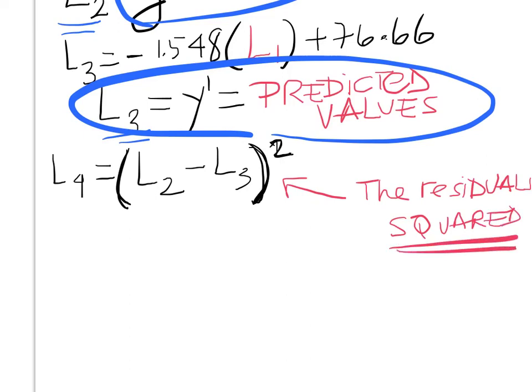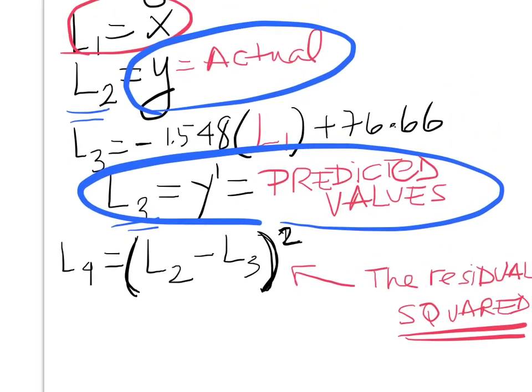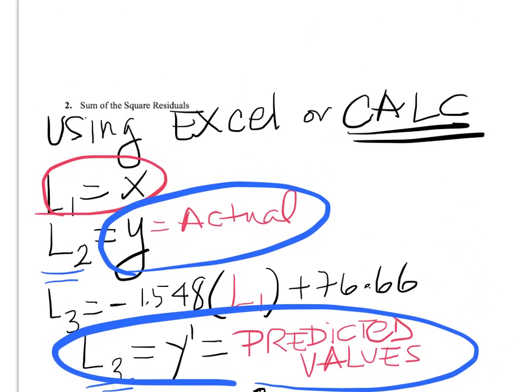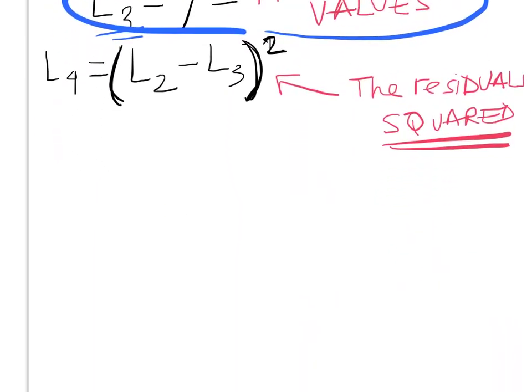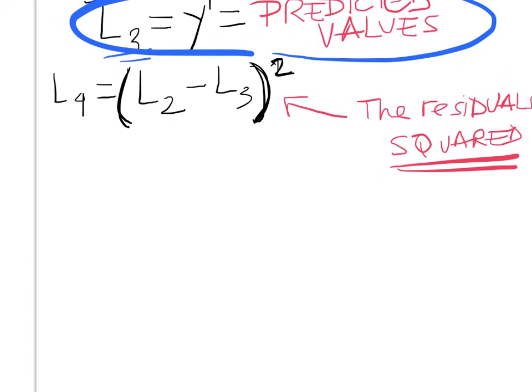And to go back exactly here, we need not just the residuals squared, but we need the sum. So the last part, you can guess exactly what we're going to be doing with L4. We're going to be adding all the values in L4.